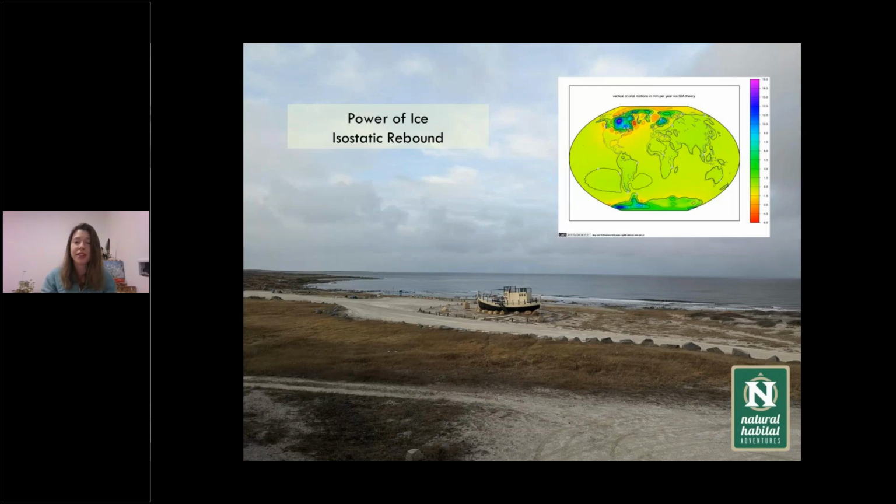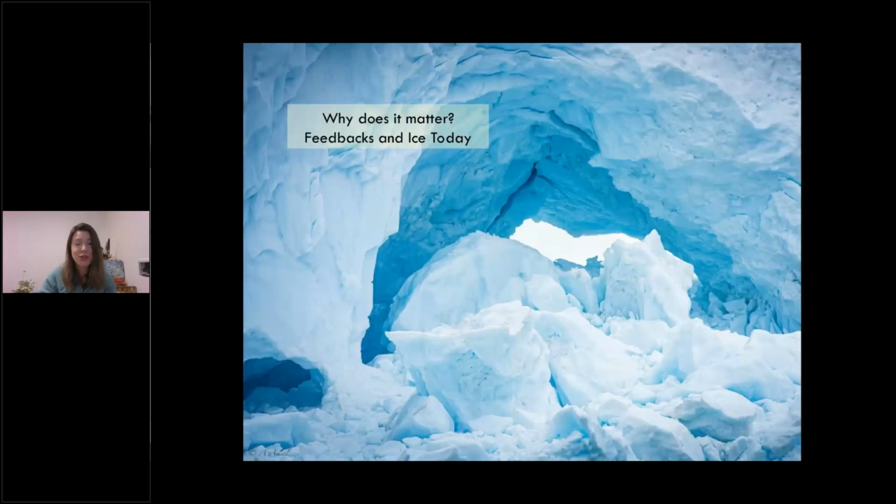And so what are the other things that are happening? We talked about some of the changes and why sea ice is so important, why glacier ice is so important. I hope that hits in. But there's also some other factors that will start to feed into some cycles that we need to be aware of. And so as those changes are happening, we talked about glacial ice being really delicate and really sensitive to those changes. We'll also see this with sea ice coverage as well.